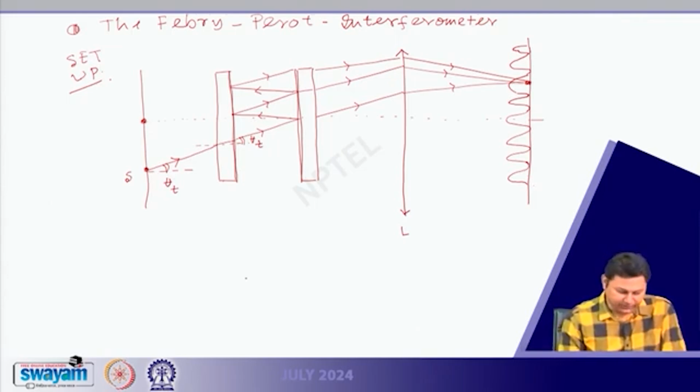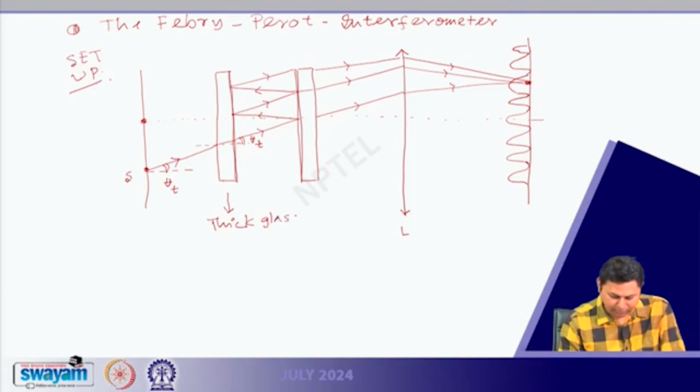So this is the thick glass or quartz whose surface flatness, as I mentioned, is even better than lambda by 50.